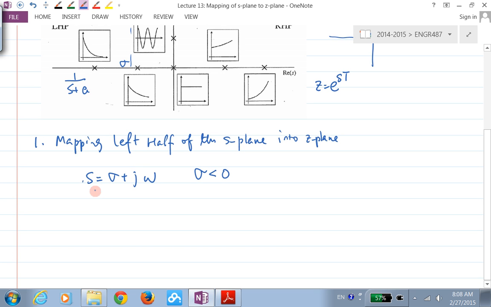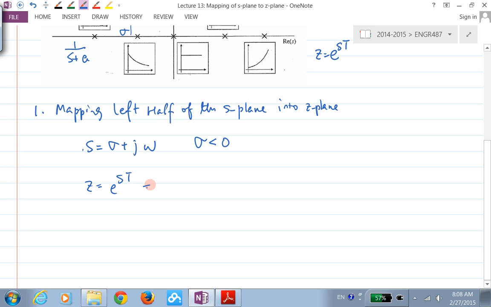That's the first thing. Second, we do the mapping, e to the power of sT. Given a certain sampling time, let's see where the pole is mapped to. Let's plug in s here.